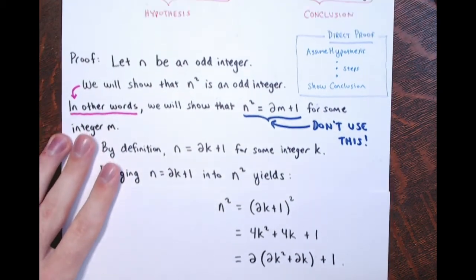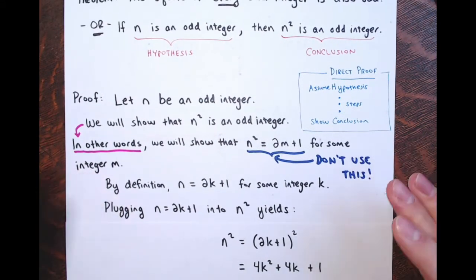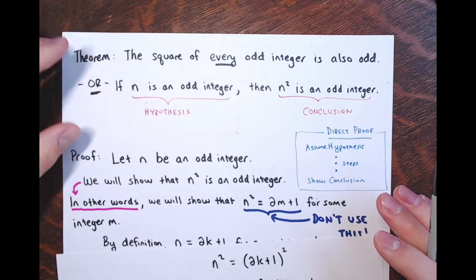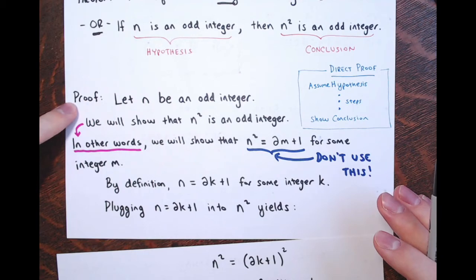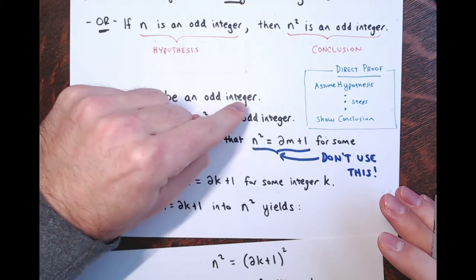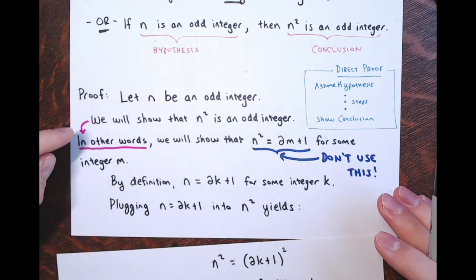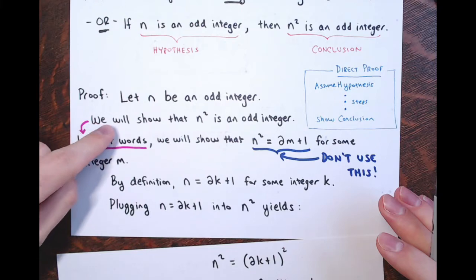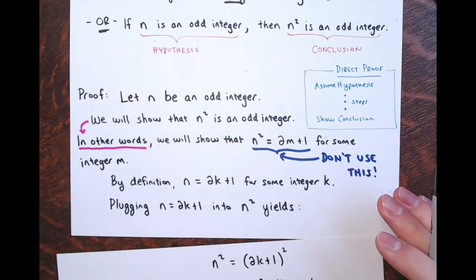Remember, section 2.3 went over all those best practices. I state the theorem. I indicate when the proof is starting. List my assumptions. Introduce variables. Telling the reader what you're going to show was optional.